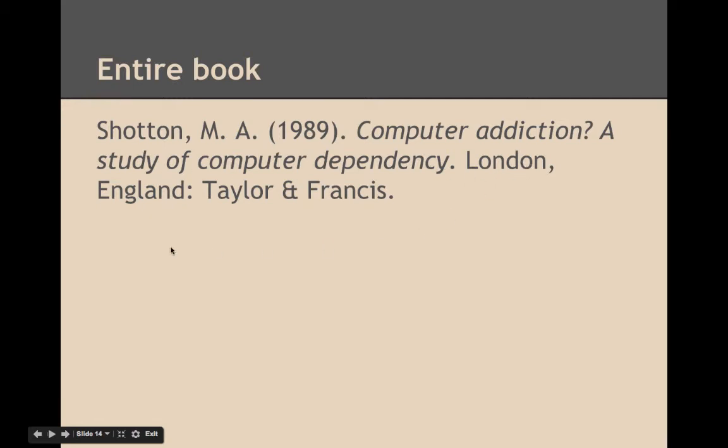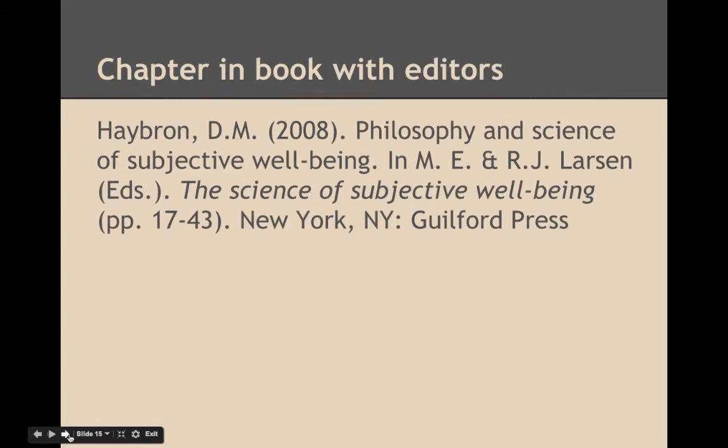The city, and in this case the country, is given with a colon followed by the name of the publisher. If it were a city and state in the U.S., you would have the name of the city and the name of the state. So for instance, if it were New York, you'd spell out New York as a city here and use the abbreviation NY here, colon, and the name of the publisher.